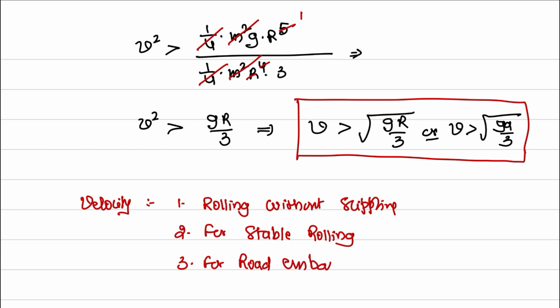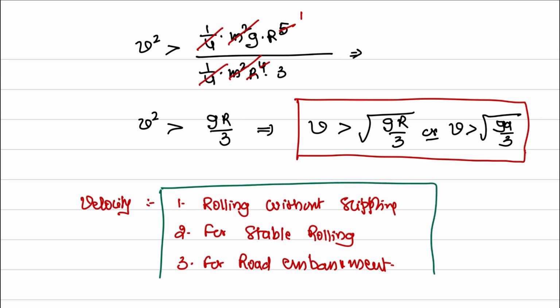Road embankment I will take up in the next class. All these are literally different. Don't confuse between them. This topic I have already discussed. Road embankment I will discuss in the next class.